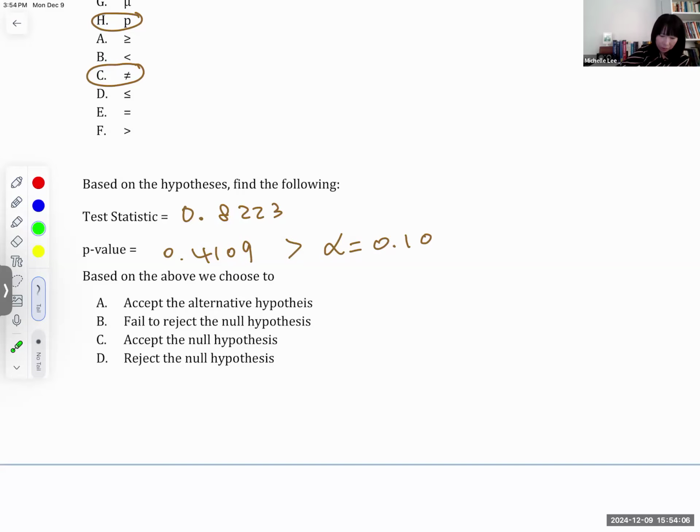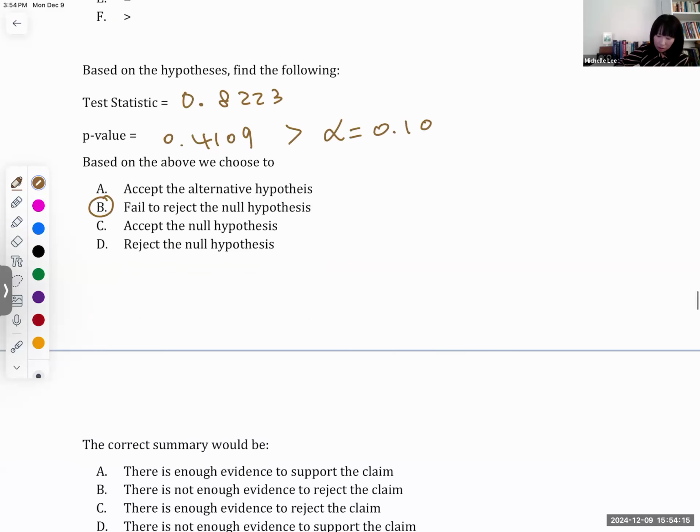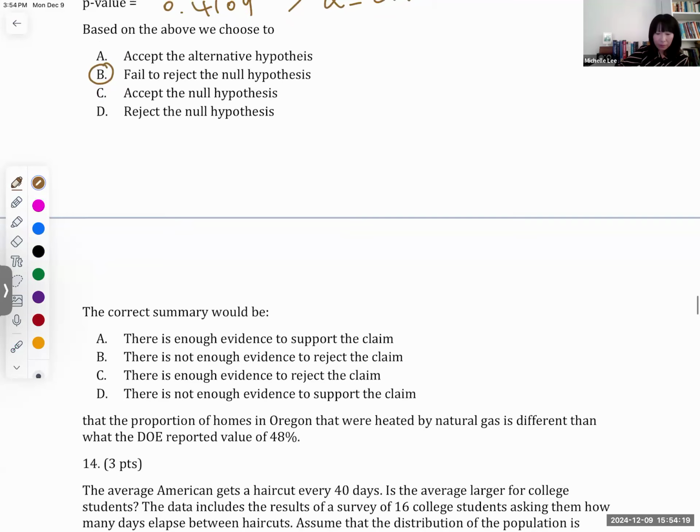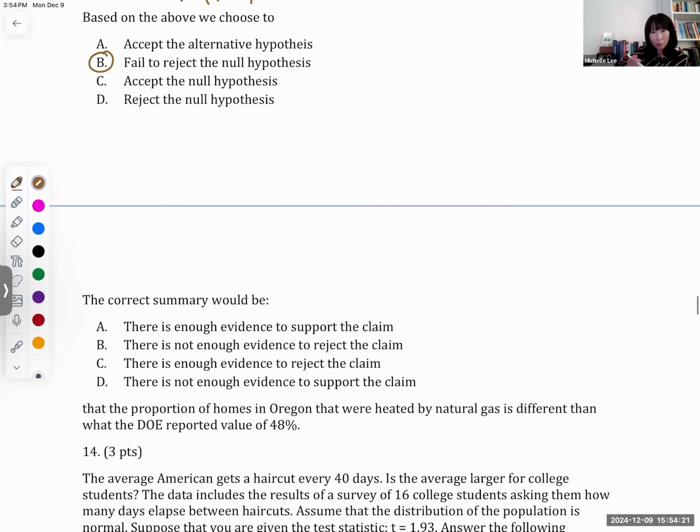B, thank you. So B, fail to reject, do not reject the null hypothesis, right? Okay, why do we fail to reject? Can you please choose A, B, C, D?